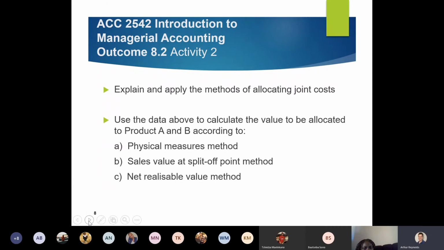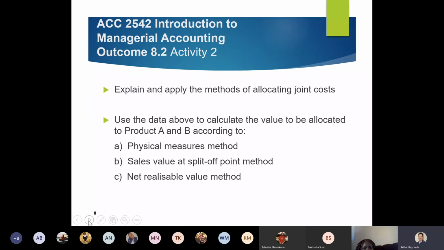Okay, so the task is to explain and apply the methods of allocating joint cost and calculate a value using any of the 3 different methods. I mentioned the 3 different methods. One is a physical measures method. Physical measures method entails that you look at the quantity relative to the total for each of the products.